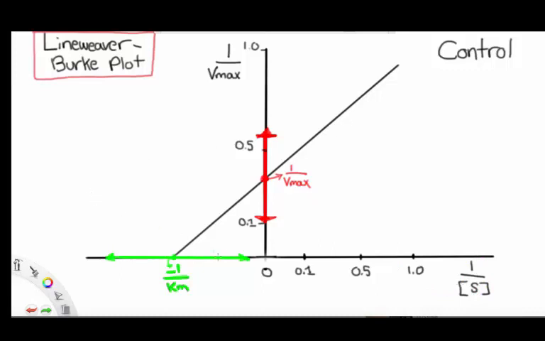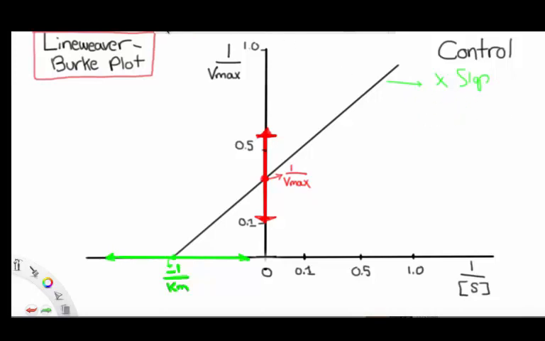And in order to represent the Km, they had to extend the x-axis, and instead of it being 1 over Km, it's going to be negative 1 over Km. The whole idea about the Lineweaver-Burk plot is that we're not really looking at this slope. If you want to calculate what this slope represents, it represents the Km over the Vmax. But for us, we don't really care about that.